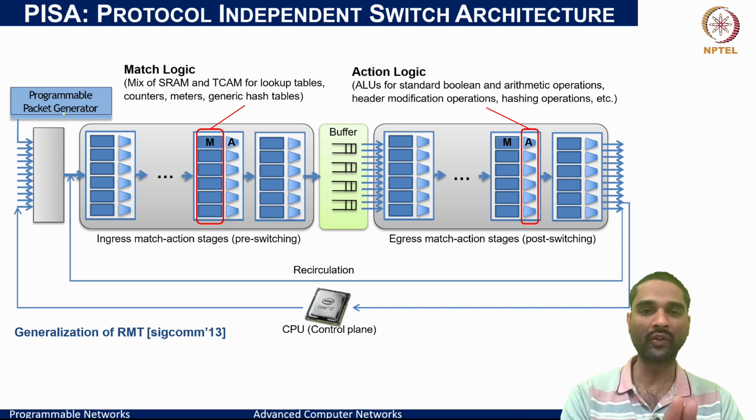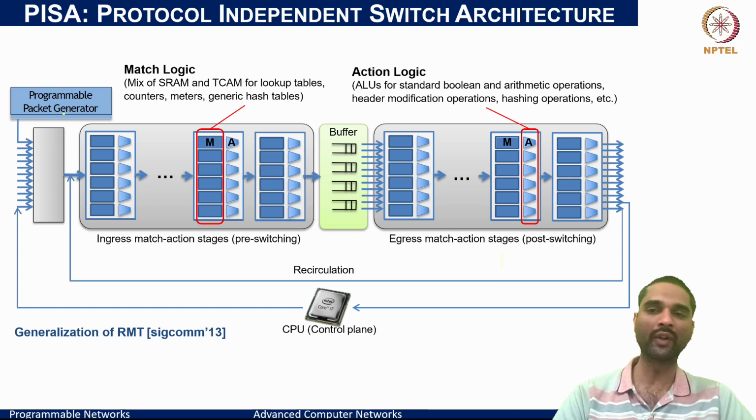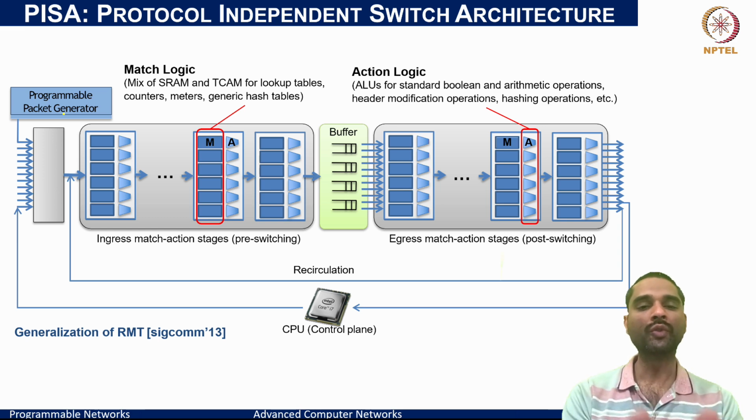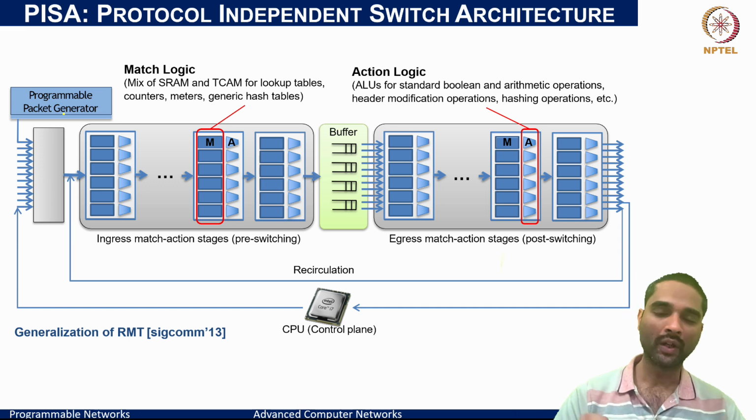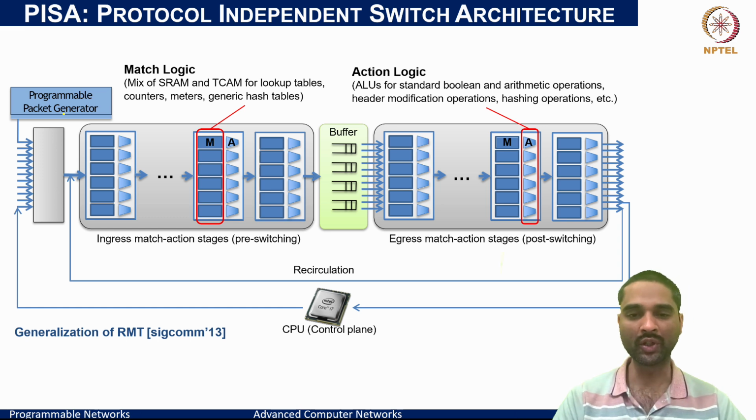And we could use generic hash tables for exact match and look up the corresponding actions. And the actions part corresponds to the typical ALU operations that you would do, like Boolean and arithmetic operations, header modifications, etc. And once you process through a set of stages, you can buffer the packets and then process them on the egress pipeline likewise, which is post-switching operations that you would want to do.